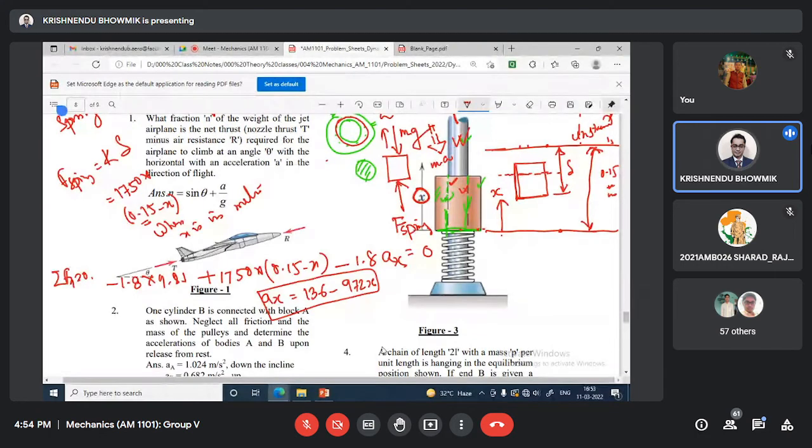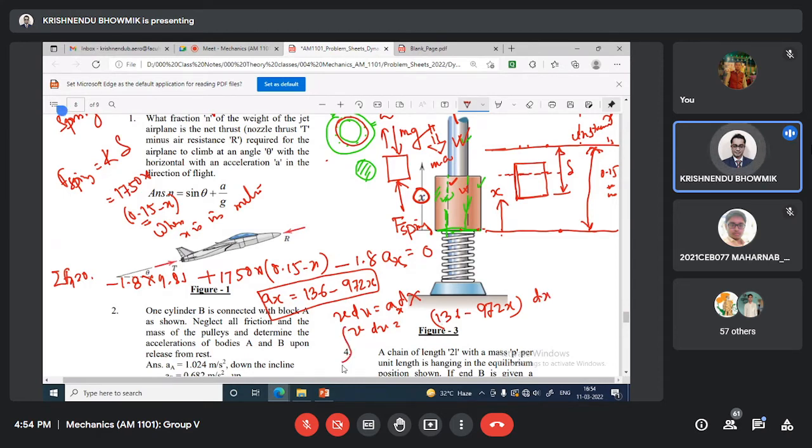Any doubt? No, sir. Once you get ax, what we will do is v dv equal to ax dx. So v dv equal to (136 minus 972x) dx.